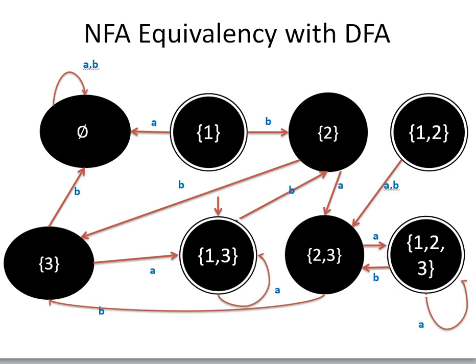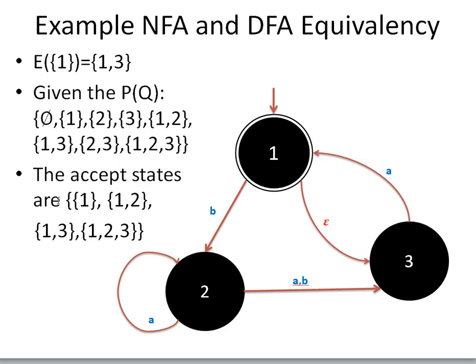Okay, and then we also decide the accept states, which is all the states that have any one of the accept states in the original NFA. So the original NFA has only 1 as an accept state. So for the states in the DFA, any state in one of the sets in the power set would result in that set being an accept state.